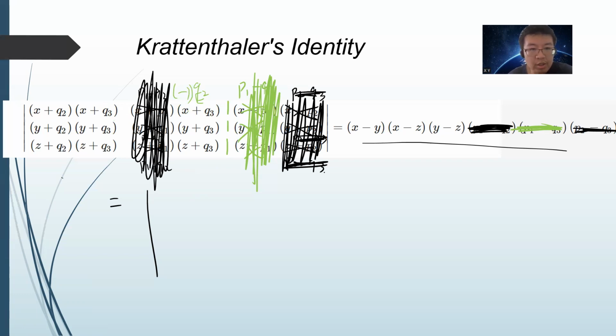So x plus q3 stays the same, but minus x, q2 will cancel the -1 q2. We cancel this q2, and I get x plus q3, y plus q3, z plus q3.